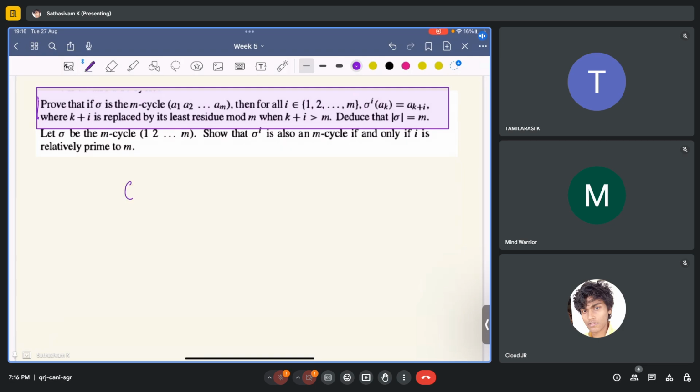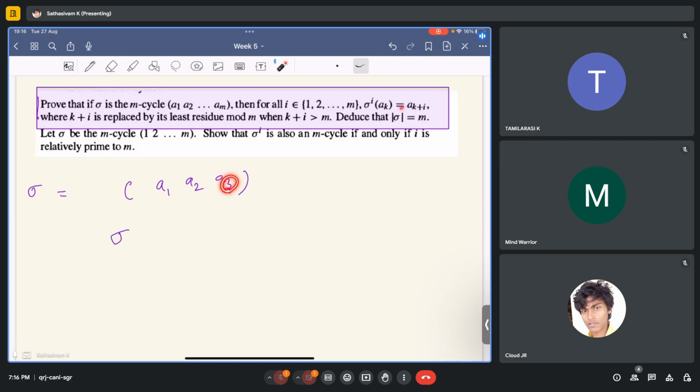Suppose you have a cycle like this. Let's say 1, 2, 3, or maybe a1, a2, a3. So this is the sigma, let's say. If you observe what happens, 1 goes to 2, 2 goes to 3, but where does 3 go? It's not going to 4, right?